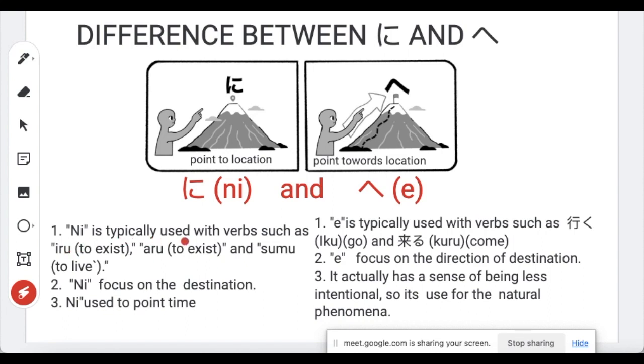So ni is typically used with verbs such as iru, aru. Iru means exist, for living things, aru for non-living things. Sumu, sunde, means to live. So these three verbs are the ones in combination with which ni can be used perfectly, right? And e is typically used with verbs such as iku and kuru.